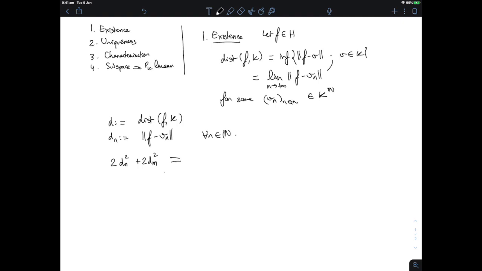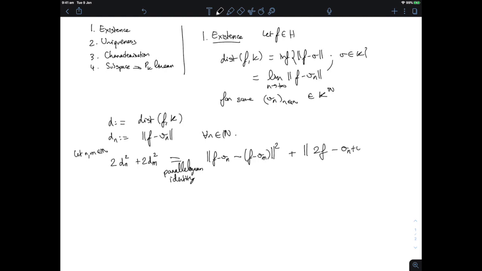So if I use the parallelogram identity, a classical result from Hilbert space theory, if you can't remember it, just reprove it, expanding all the norms using the inner product. This is going to be equal to the norm of the difference f minus vn minus f minus vm, which is great because that's exactly vm minus vn, the quantity that I want to show gets small as n and m go to infinity.